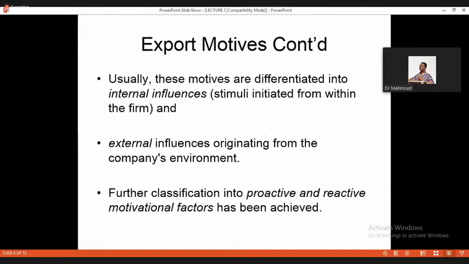And when we say external, there are factors coming from the environment that are pushing you to do the exporting. They can also be classified into what we call proactive and reactive. Mainly the proactive are coming from within, and reactive is what is happening in the environment pushing you to go into exporting.